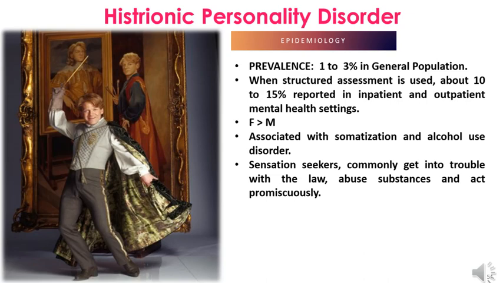With age, persons with histrionic personality disorder show fewer symptoms, but because they lack the energy of earlier years, the difference in number of symptoms may be more apparent than real. Persons with this disorder are sensation seekers, and they may get into trouble with the law, abuse substances, and act promiscuously.